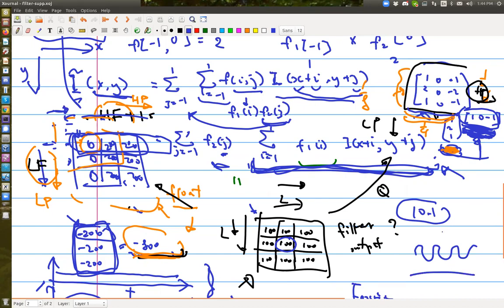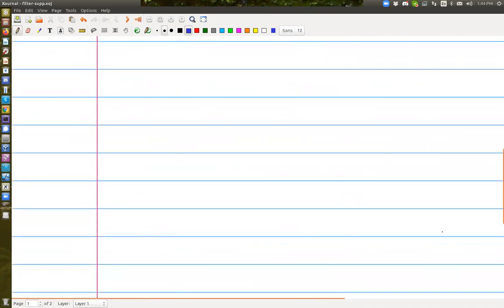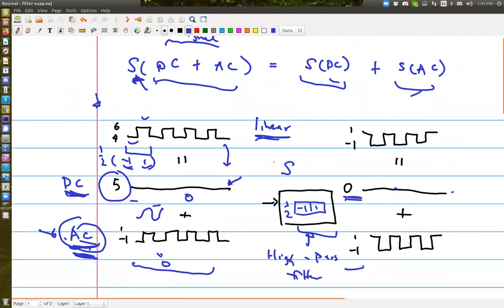Therefore, this is a high pass filter. Let's remember what we had at the beginning. If I have a filter like -1 1, or -1 0 1, which is something similar, it passes something that is oscillating.